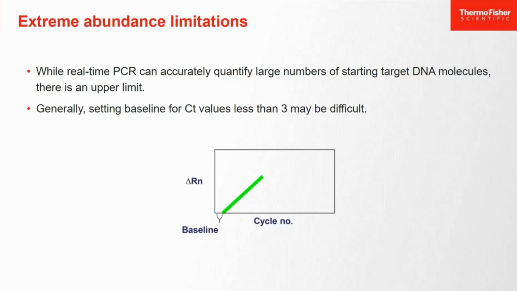It is conceivable that one could add so much initial target that we get a CT very, very low, maybe less than 3, perhaps. And when that happens, the baseline may be so small, it may be difficult to set a good baseline for baseline subtraction. So there is a limit. I rarely see that limit, but I have seen it on a few occasions.